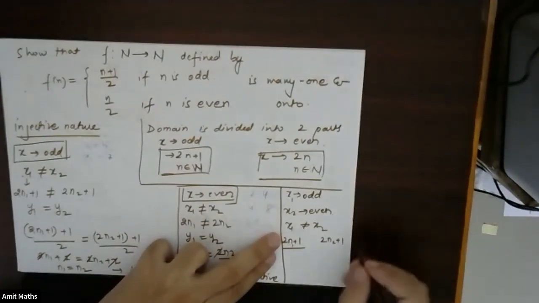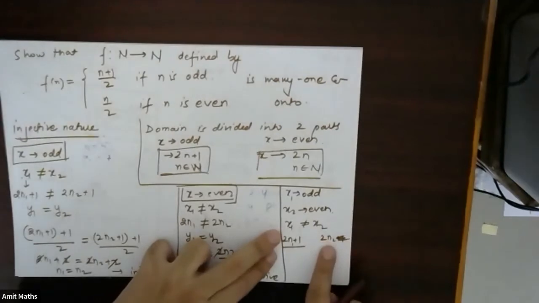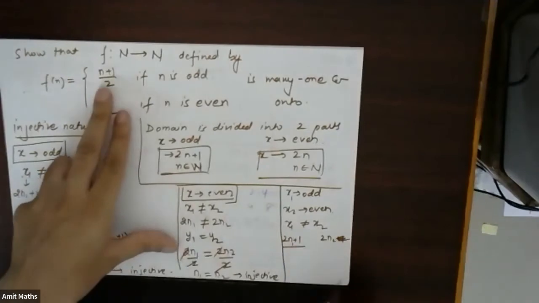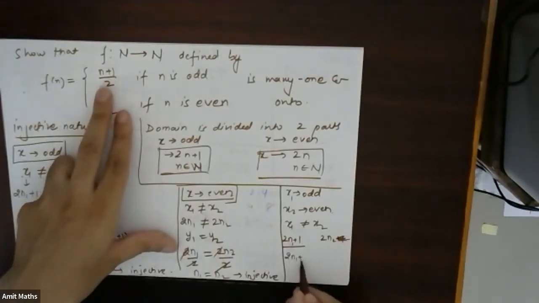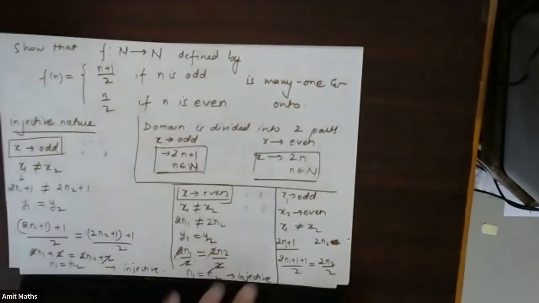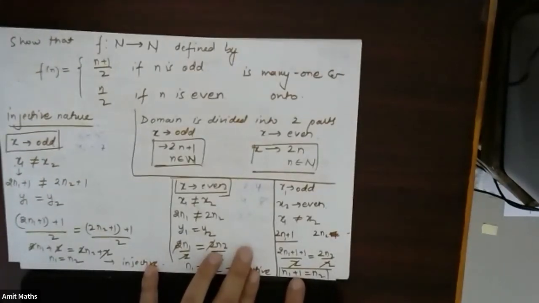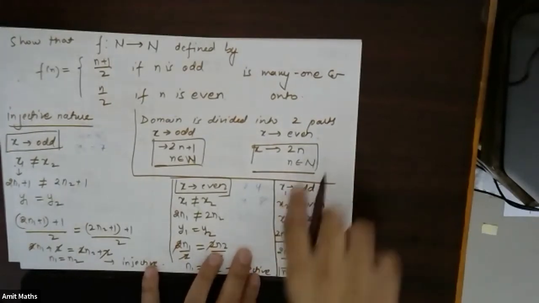Substituting in the function, one is the even function and one is the odd: 2n1 plus 1, plus 1, by 2 equals 2n2 by 2. Cancelling, this comes out to n1 plus 1 equals n2. This is a different solution than what we should get, which means this is not injective in nature. I'll solve this once again and write it once again.